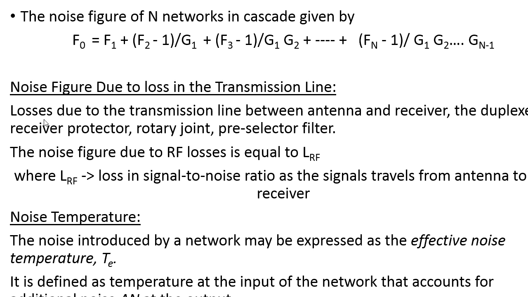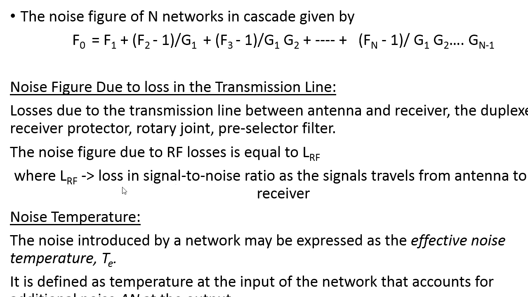There also we are going to lose some of the echo signal between the antenna and the receiver. The duplexer connects the transmitter as well as the receiver, and there are also the receiver protector, rotary joint, and pre-selector filter. And the noise figure for these RF losses is equal to LRF.